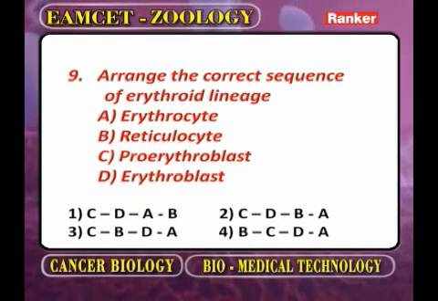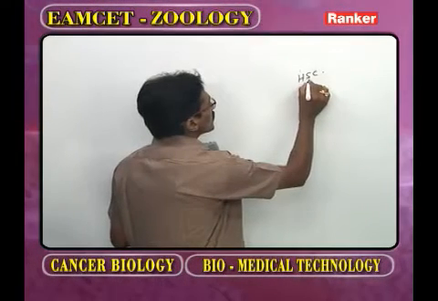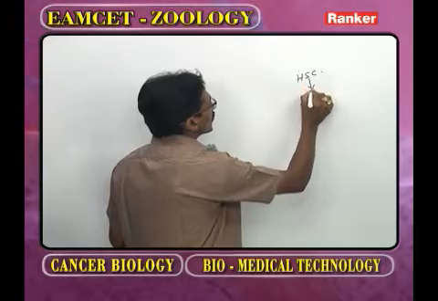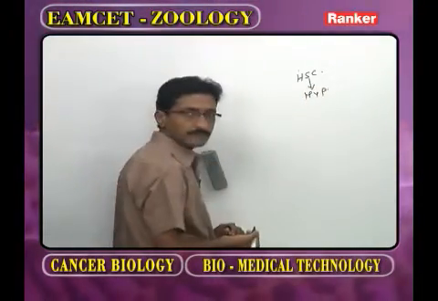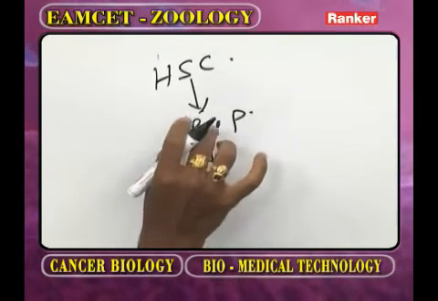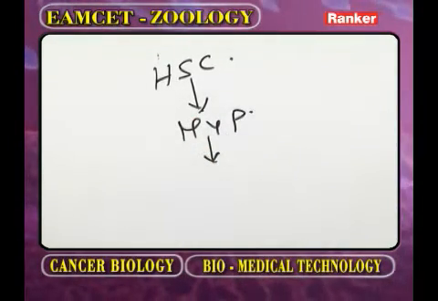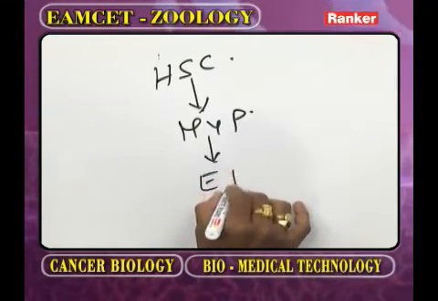Now this one we call the hematopoietic stem cell. The hematopoietic stem cell gives rise to myeloid progenitor. The myeloid progenitor gives rise to 5 kinds of committed progenitors. One we call erythroid progenitor.